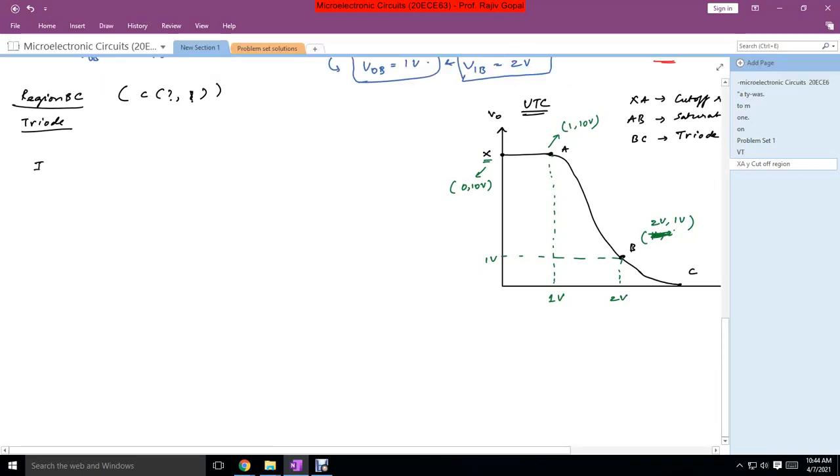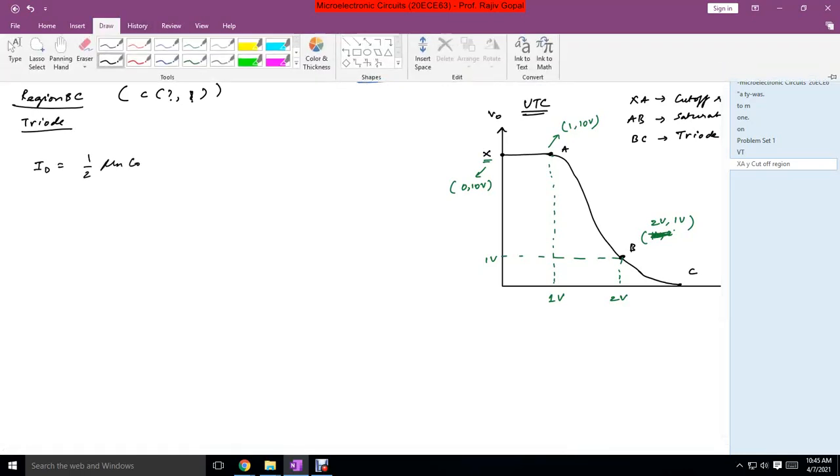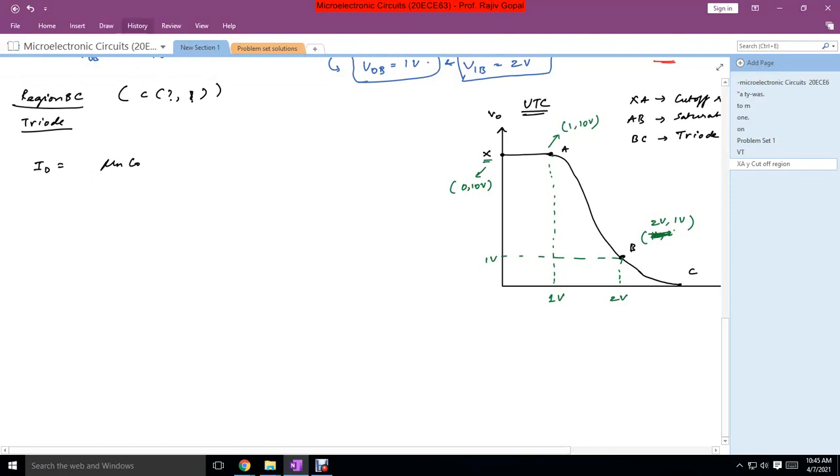So ID equals mu n COX W by L into VGS minus VT into VDS minus half VDS square. This is the current equation.